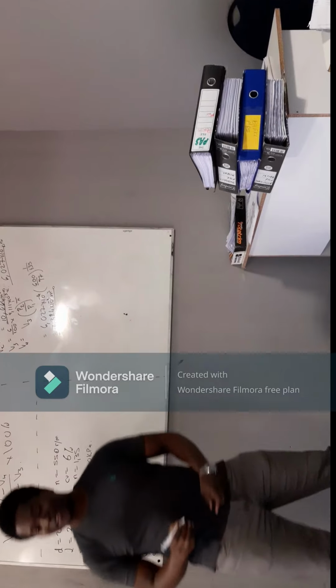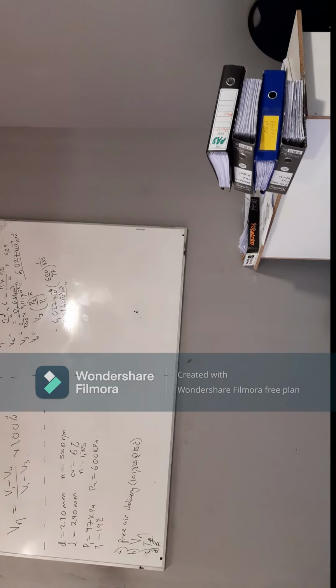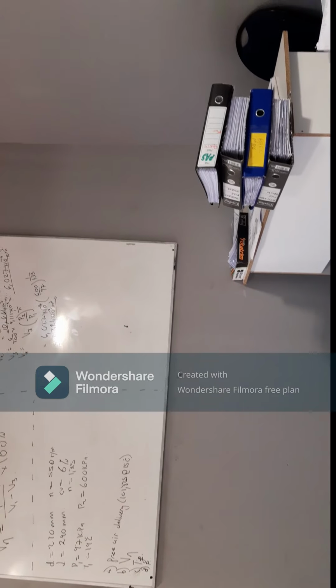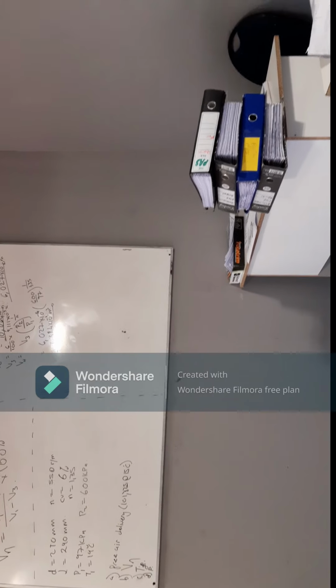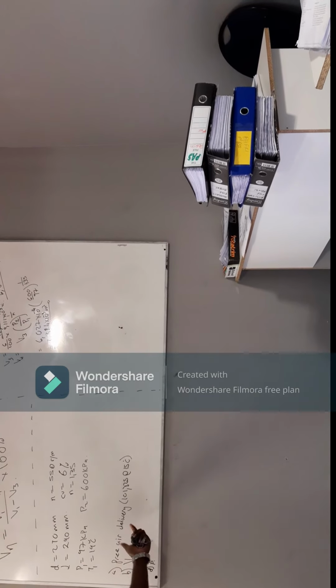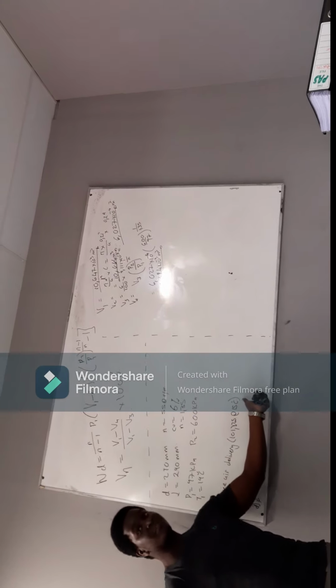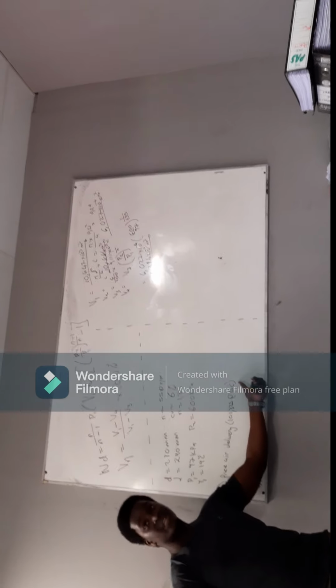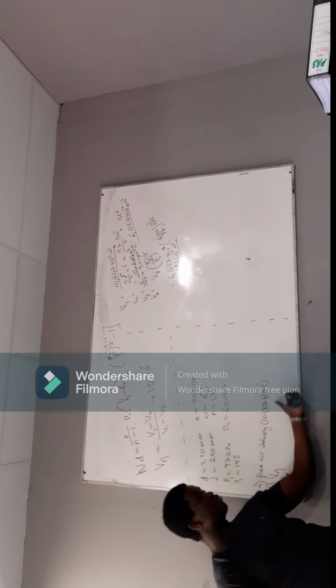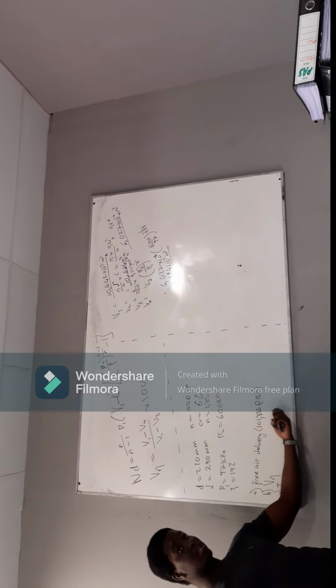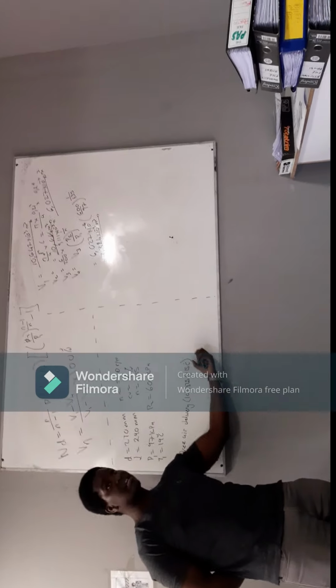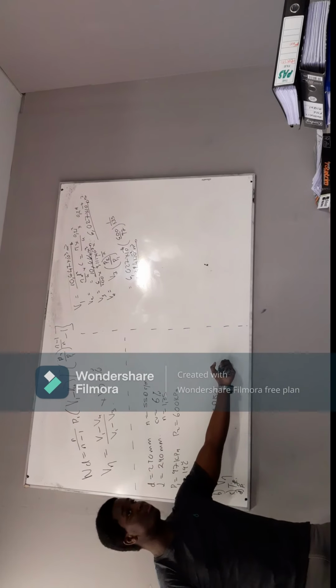Okay, now that we've got our values for V1, V2, V3, let us answer the first question. Calculate the free air delivery at 101.325 kilopascals and 15 degrees Celsius. They've given us the pressure and the temperature at which this volume is going to be delivered.